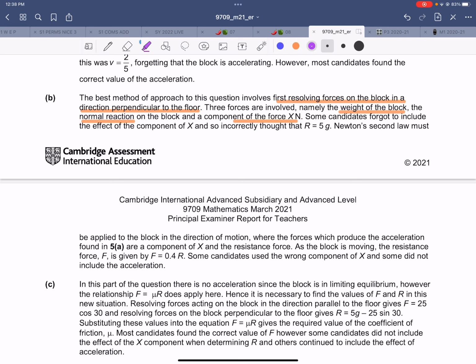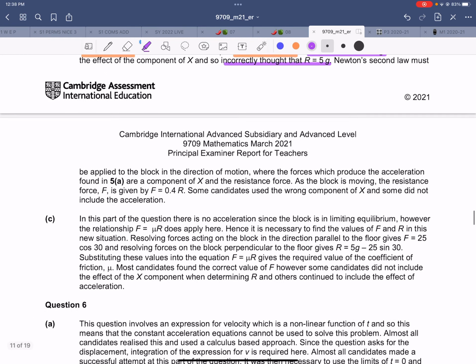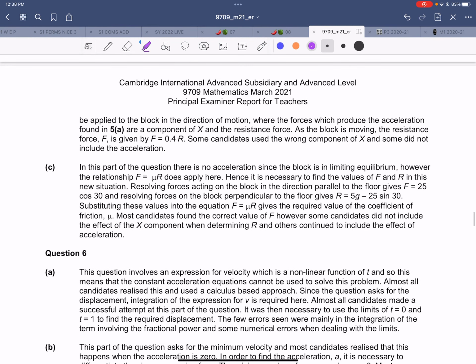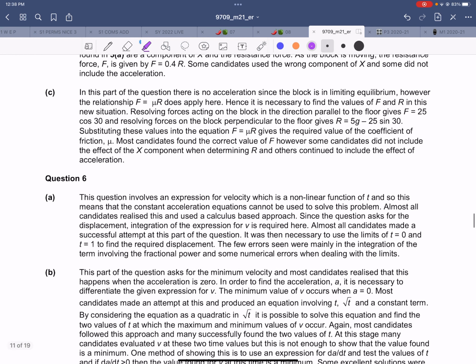This is what I'm interested in. Some candidates incorrectly thought that R is equal to 5g. They forgot the component. Newton's second law must be applied to the block in the direction of the motion, where the forces produce the acceleration and such. I think that's perfectly fine. In this part of the question, there is no acceleration, since the block is in limiting equilibrium. However, the relationship does apply here.